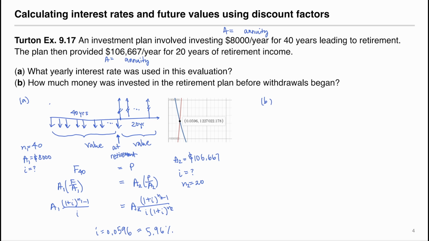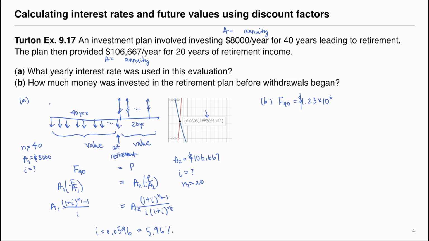The next question is how much money can be invested in the retirement plan before withdrawal begins. So that is asked: for the first 40 years, what is the future value at 40? From the graph, we can see this line has an intersection value of this. This is exactly what we wanted. 1.3 times 10 to the 6.